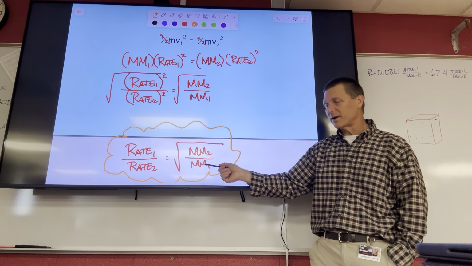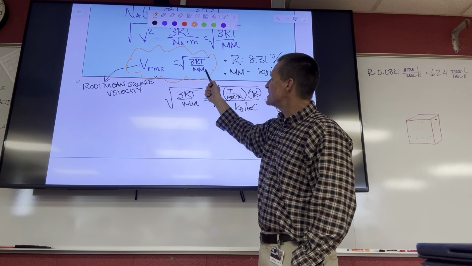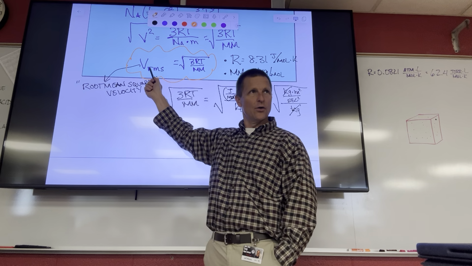Yesterday we looked at a calculation of the root mean square velocity. Now it should make sense, and we talked about this qualitatively yesterday too. If we look at just a couple slides back, the velocity of particles is the square root of 3RT over the molar mass. And we decided that if the molar mass is high, then the velocity is low.